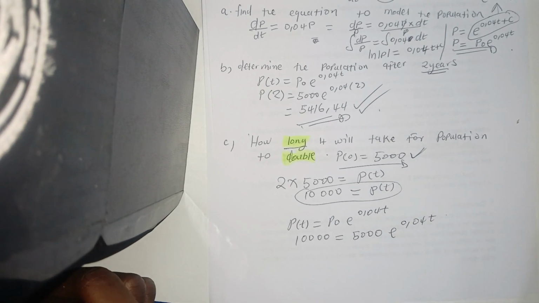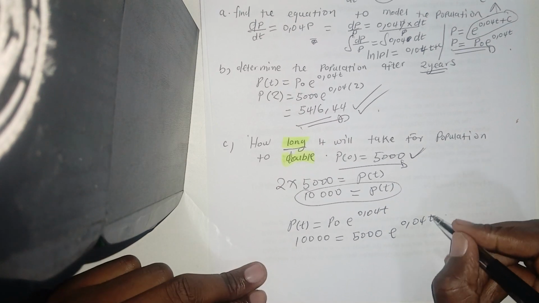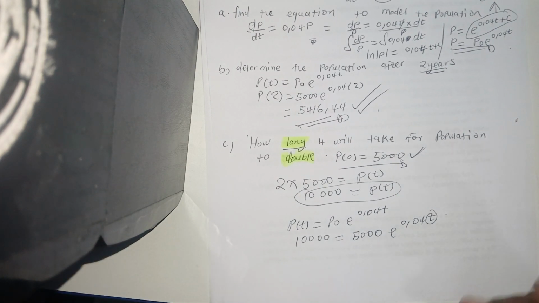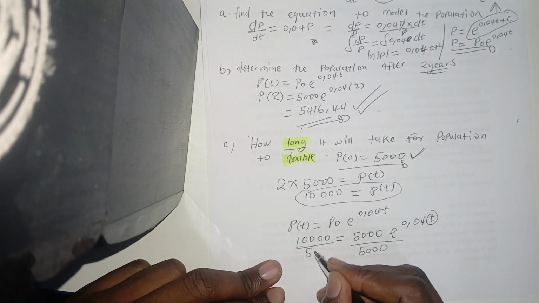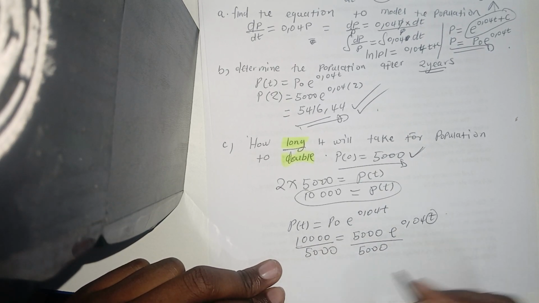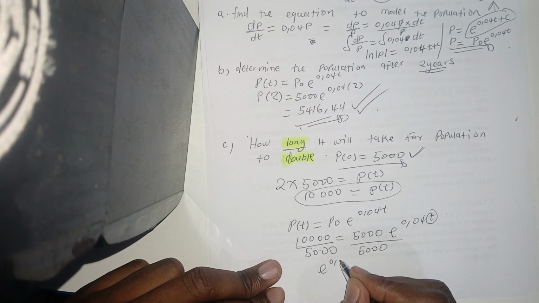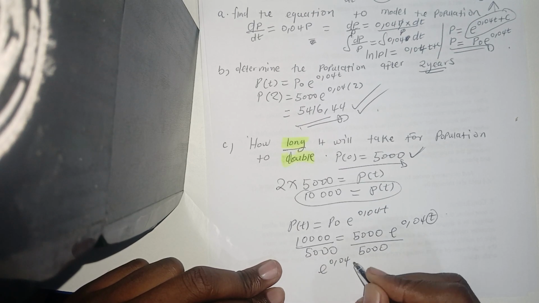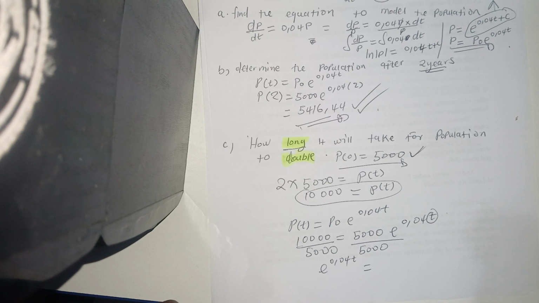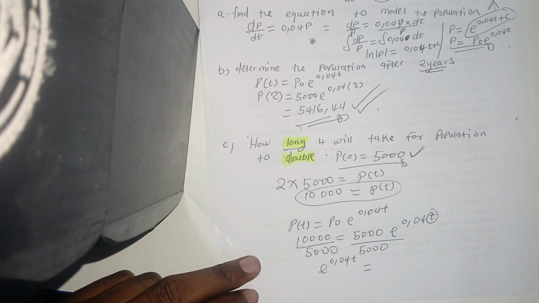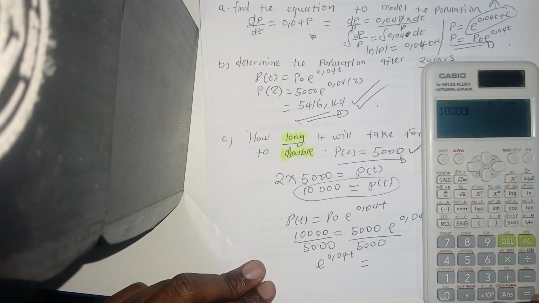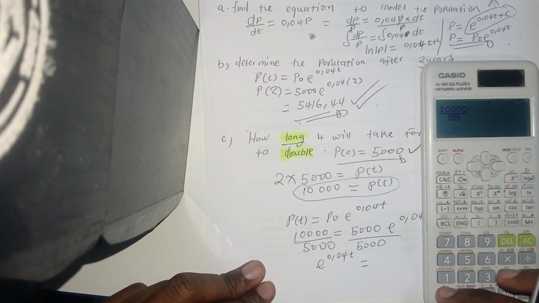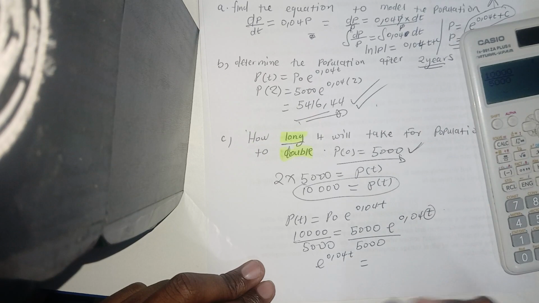So now we have to solve for t. The easiest thing we can do is divide by 5,000. So here it will be e to the 0.04 t is equal to 10,000 divided by 5,000, so it's 2.